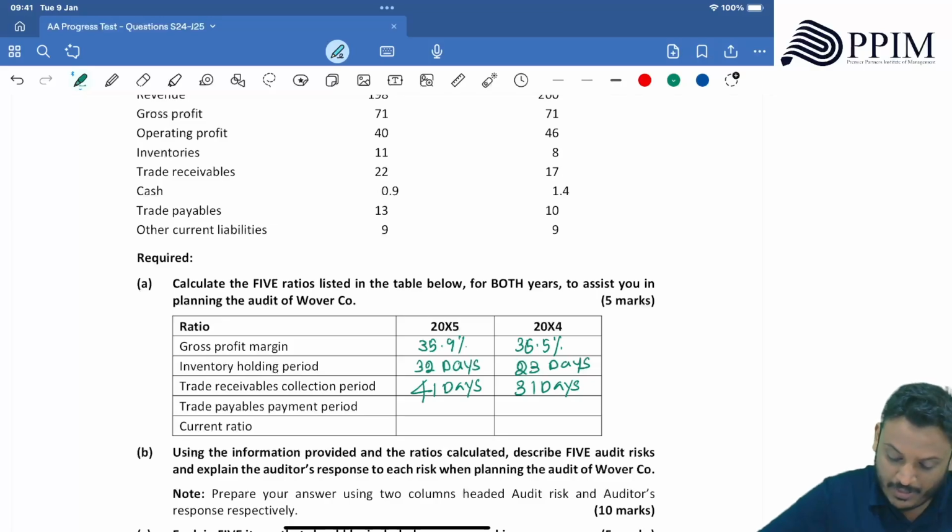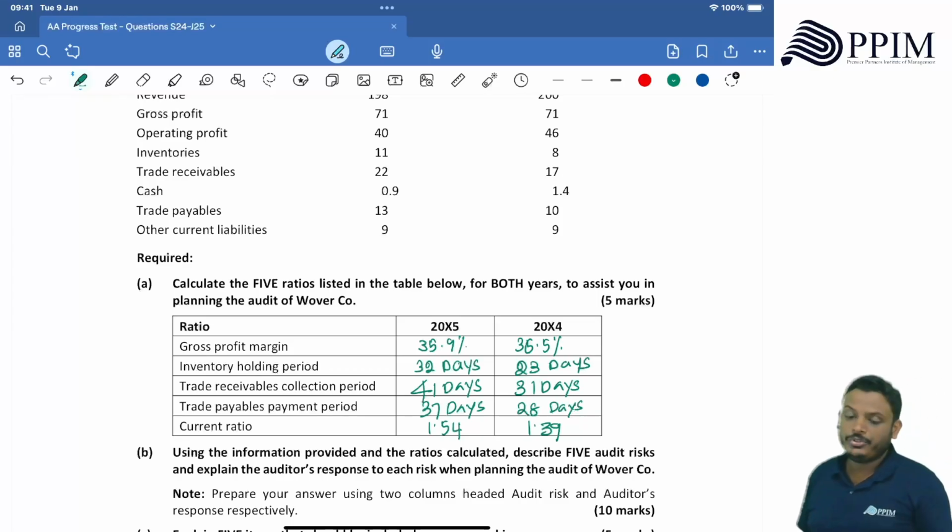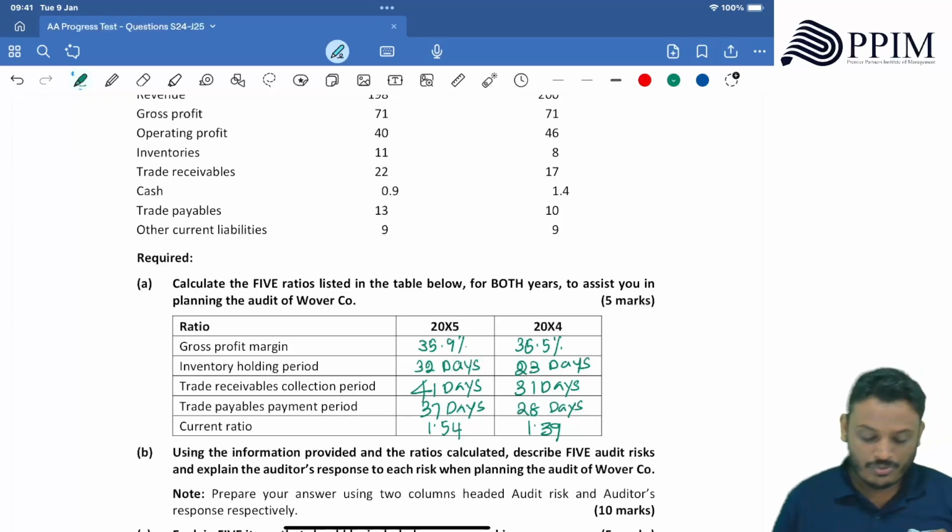Payable payment period 37 days. Here it's 28 days. Current ratio 1.54. Current ratio 1.39. So these are the values of the ratios.